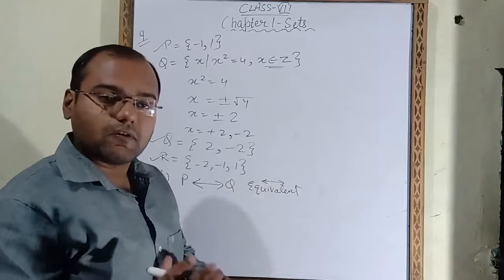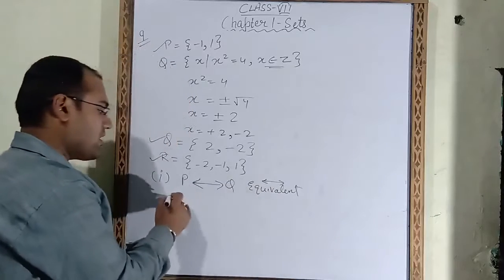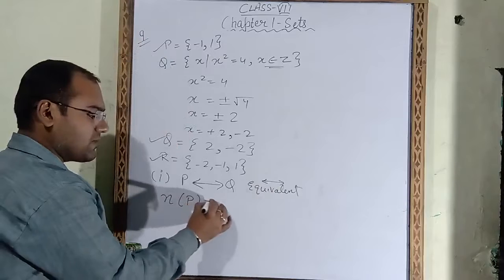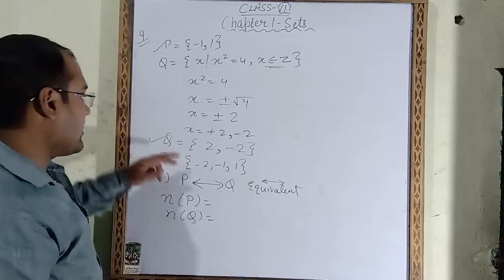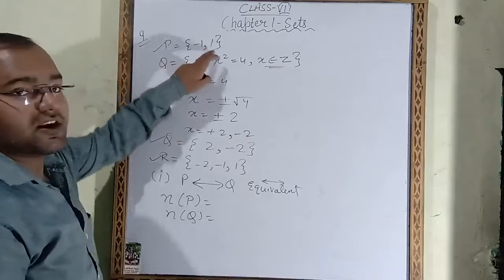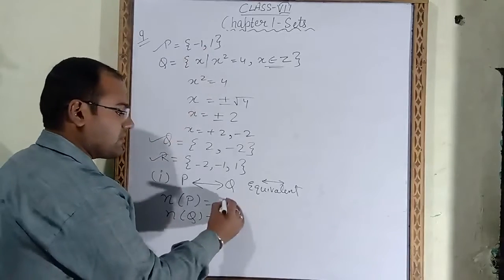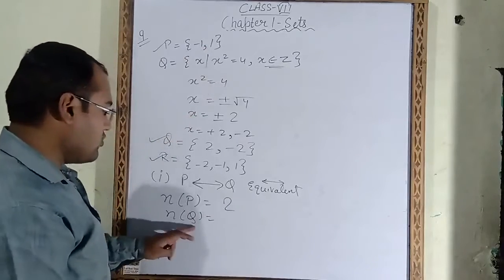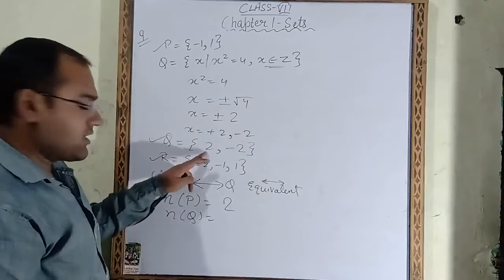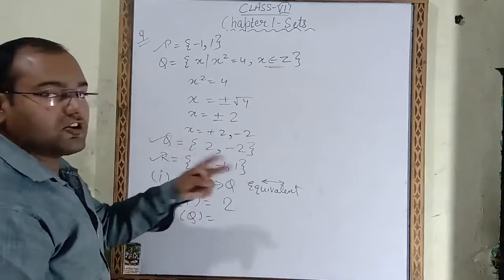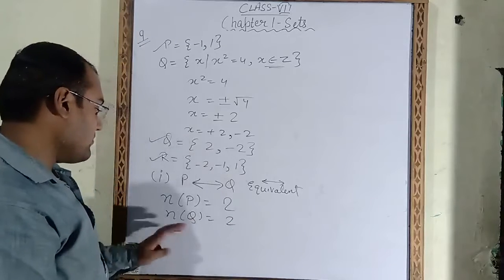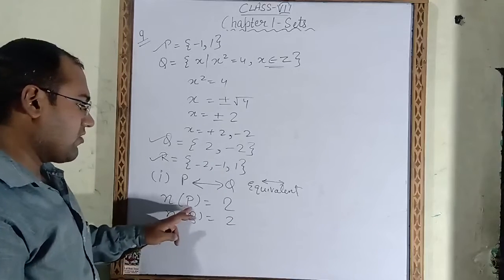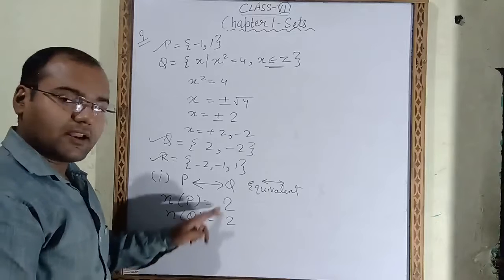In the equivalent symbol, what you have to do is count the elements of P and count the elements of Q. Cardinal number of P: how many numbers are there? 2 numbers. So cardinal number of P is equal to 2. This is the Q set. In Q, how many numbers are there? 2. So cardinal number of Q is 2. So we observe that cardinal number of P and cardinal number of Q are the same.